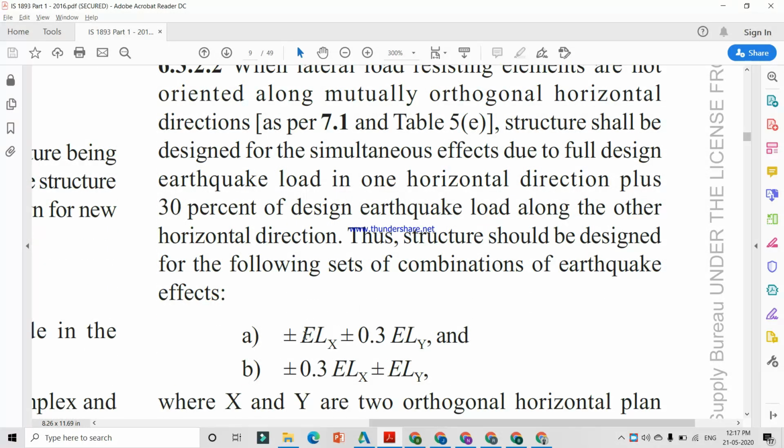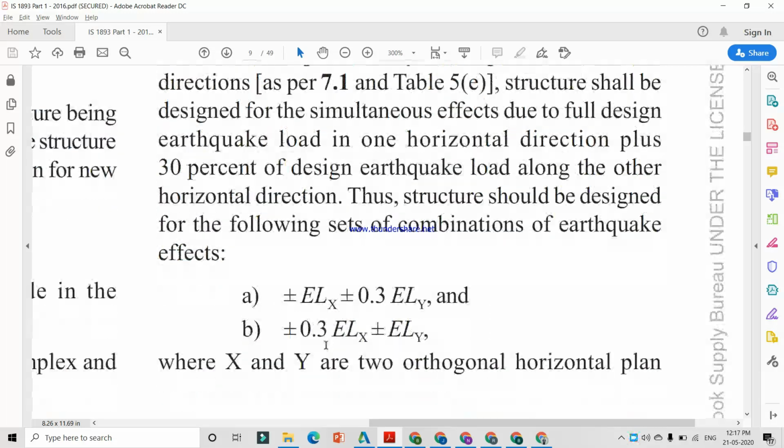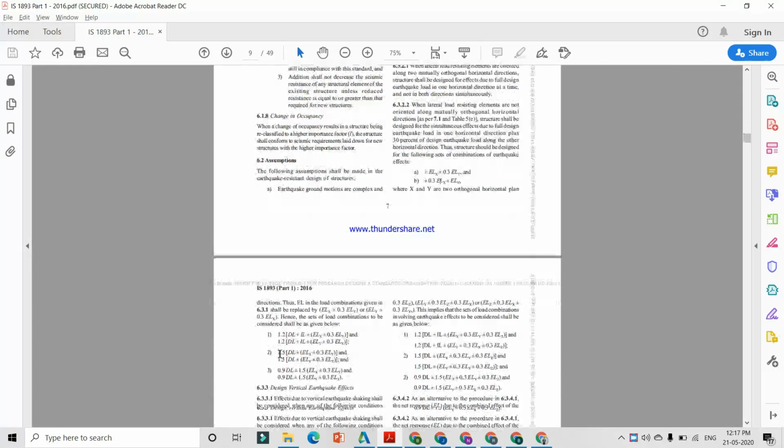That means 100% in the x direction and 30% in the y direction. You have to do the combination of all the loads as per the IS code, where x and y are the horizontal plan directions.